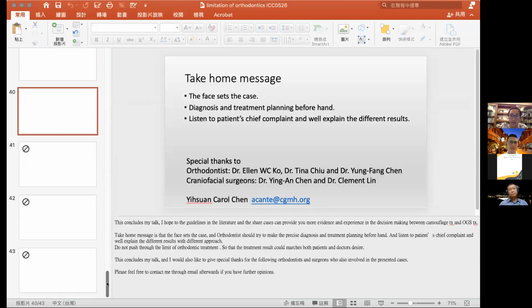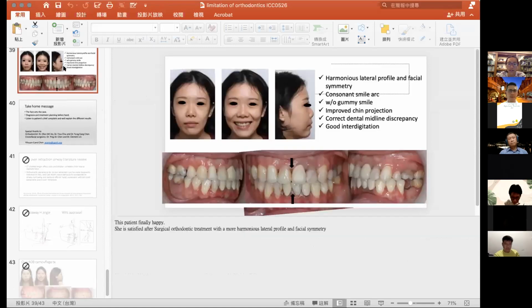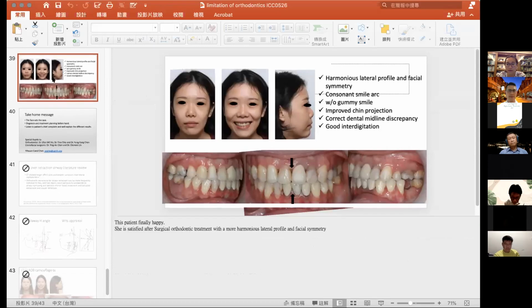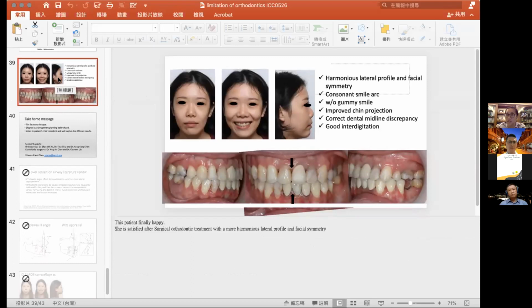The asymmetric cases and the anterior open bite cases, we did the condyle evaluation beforehand. If the condyle condition is stable, then we go through the orthodontic treatment or OGS treatment. Otherwise, we might exacerbate her condyle condition.